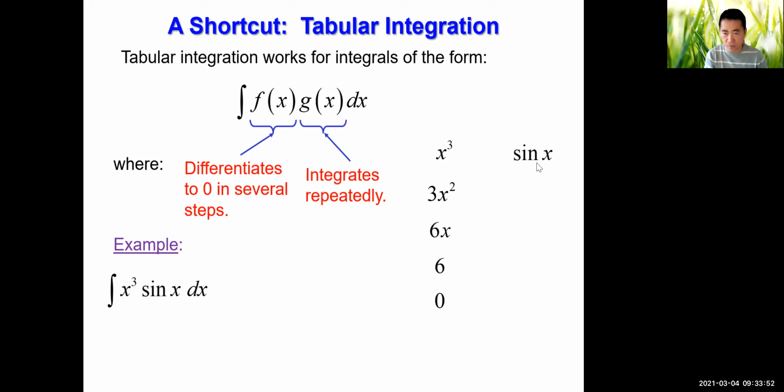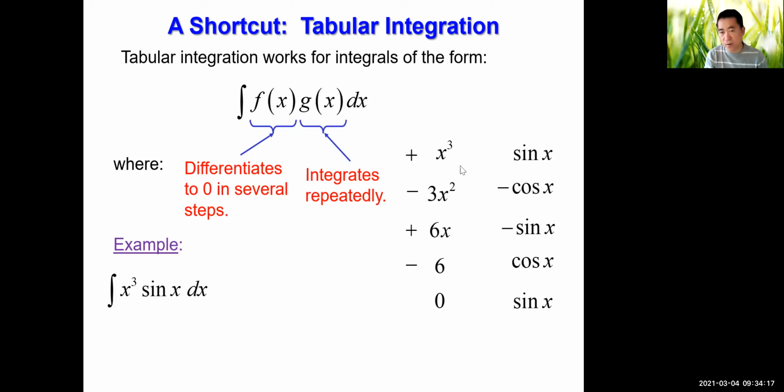Remember, the antiderivative of sine is negative cosine. The antiderivative, negative sine. The antiderivative, cosine. The antiderivative, sine. So I stop here because the other column is at 0. So we're going to start with 2 columns. And then don't forget the sign will be positive, negative, positive, negative.